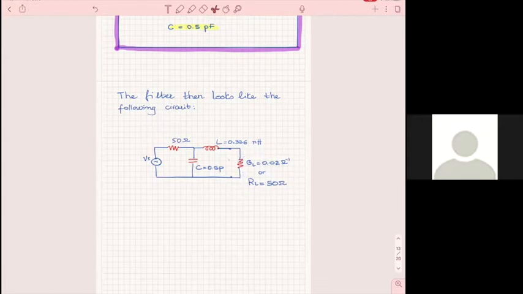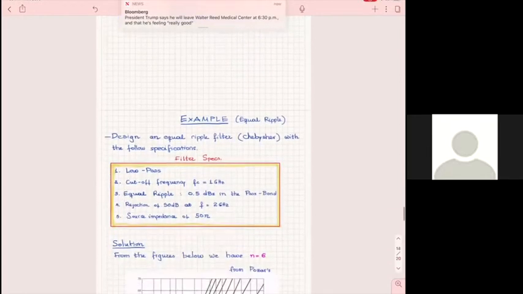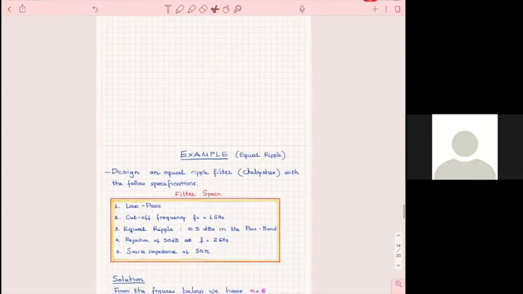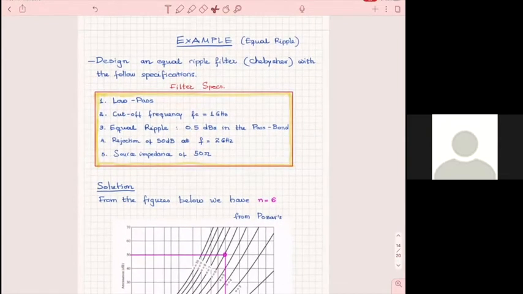And then you have one capacitor, which is 0.5 picofarads, and somehow the farads is missing. And you have one inductor here, which is in nanohenries.